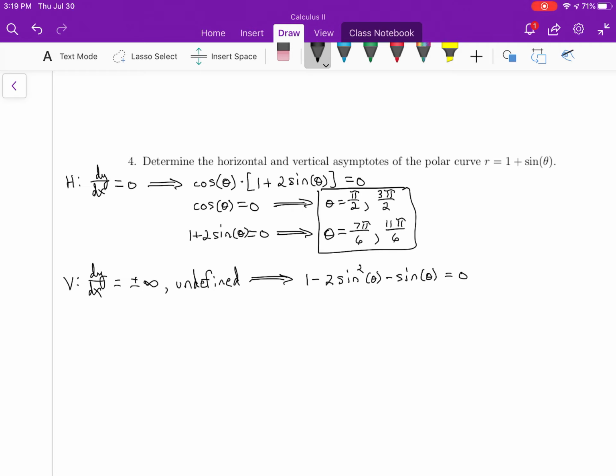Let's play with this a little bit and see if there's anything more that we could get from this. I'm going to factor a sine out. Let's see, and write this.